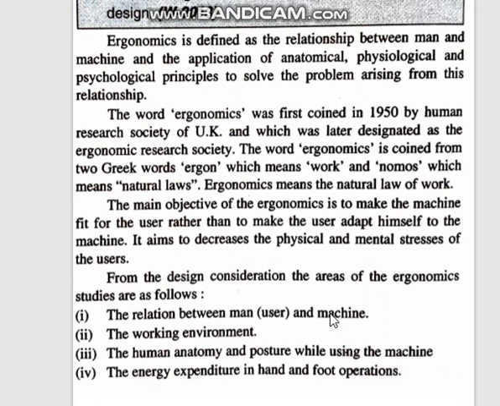Now from the design considerations, you see here, the main objective of ergonomics is to make the machine fit for the user rather than make the user adapt to the machine. You remember when you were studying in kindergarten, first standard, second standard, how small your chairs and tables were.